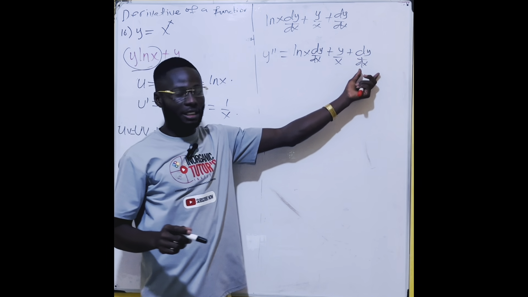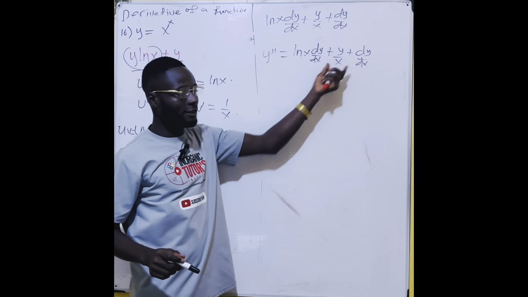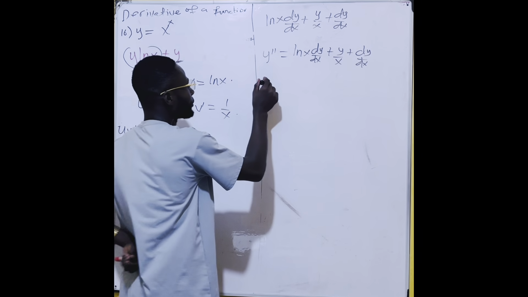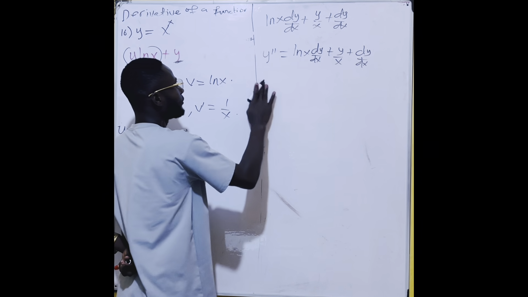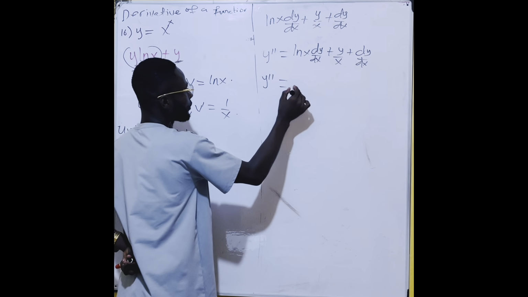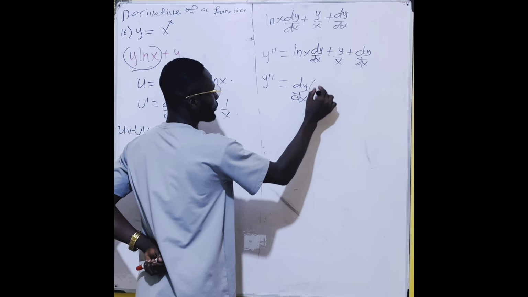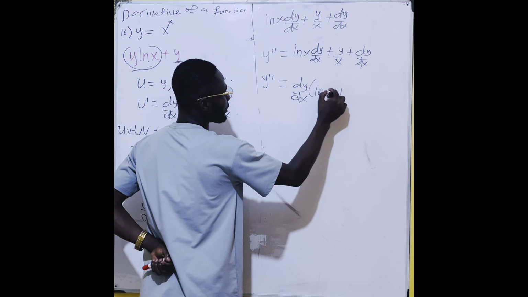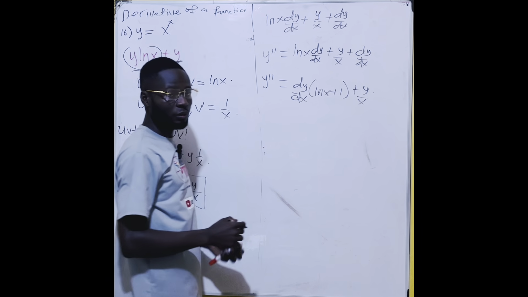So let's group terms, this to this, and then we keep this there. So we're going to have y prime prime equals dy over dx times ln x plus 1 plus y over x.